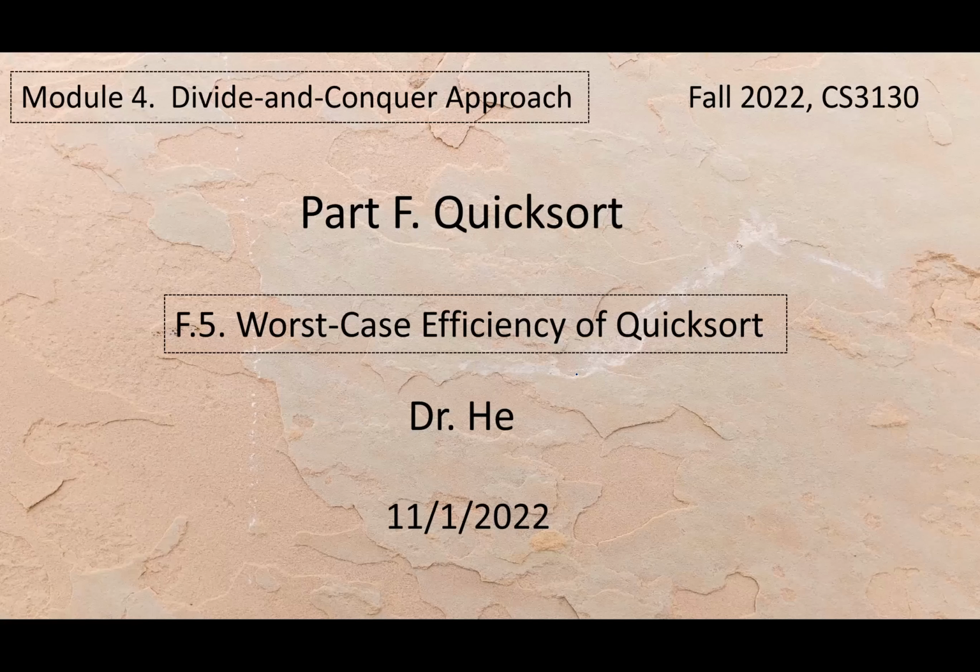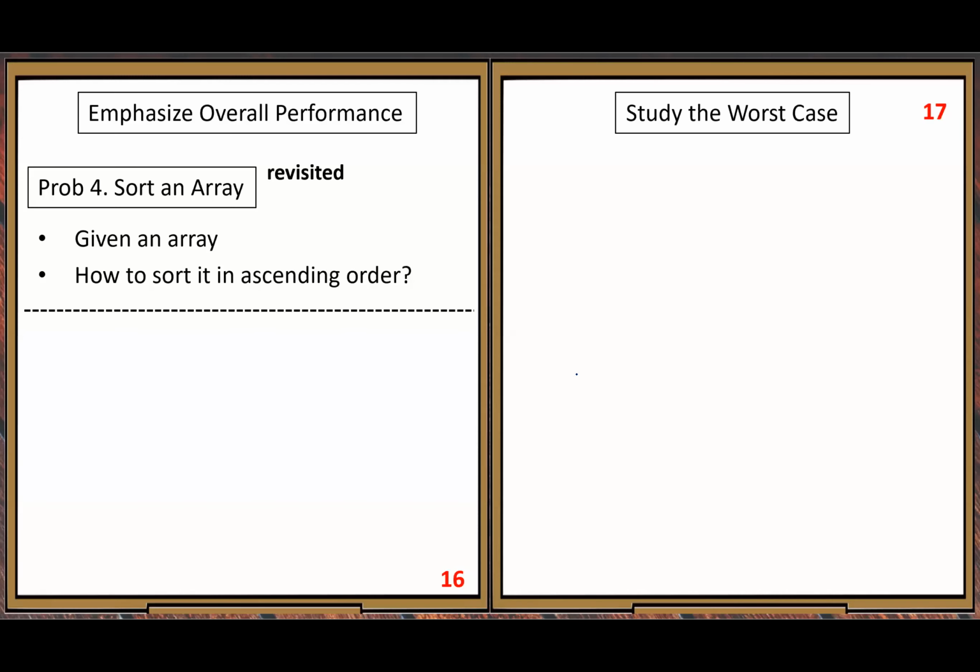Next topic, worst case efficiency of the quicksort. This time we look at the extremal cases. That means the pivot element could be the minimum or maximum. So study the worst case.